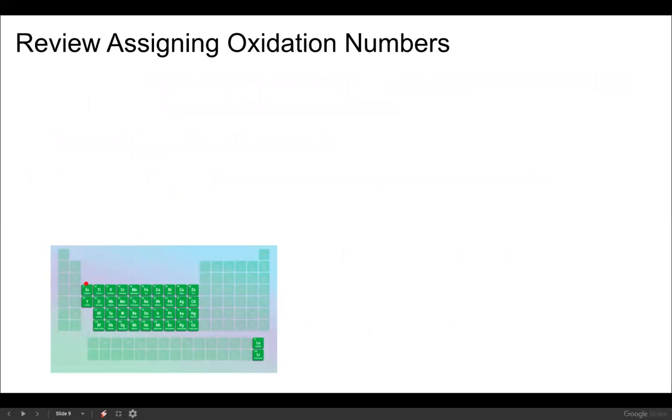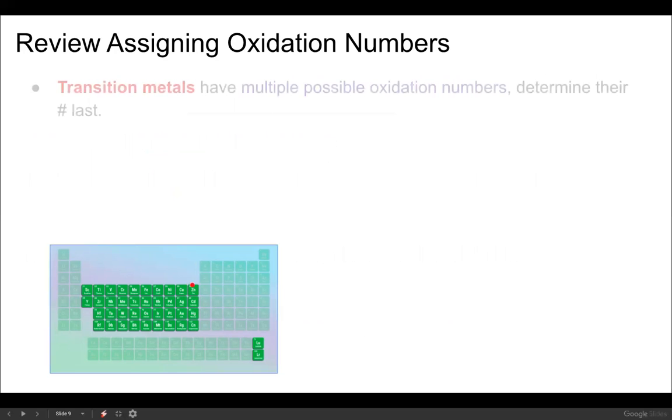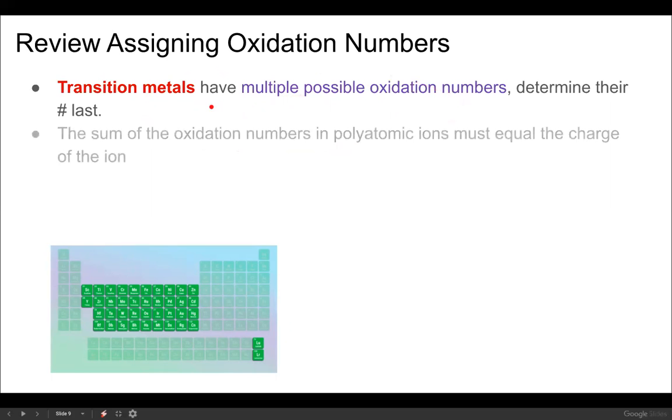Here we have the transition metals from group 3 to group 12. Now, transition metals have multiple possible oxidation numbers. To determine their number, you have to do it last. You should be determining the oxidation numbers of all of the other elements in the compound first. Now, the sum of the oxidation numbers in polyatomic ions must equal the charge of the ion.